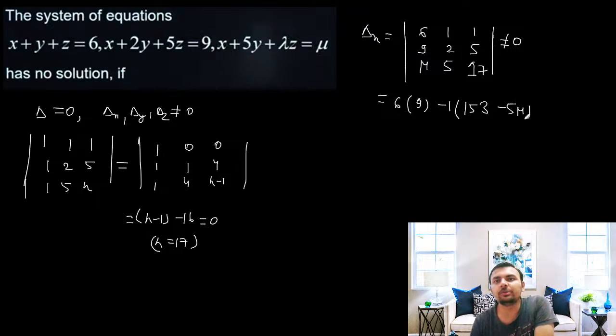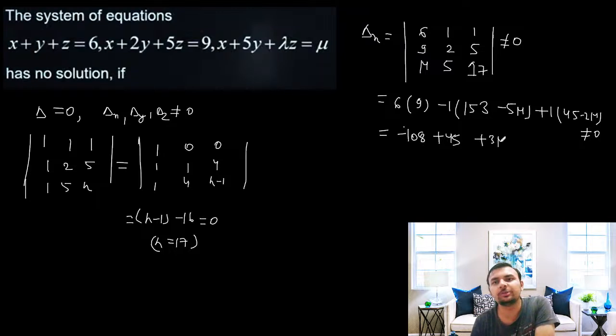Minus 5 mu plus 1. It should not be 0. 45 minus 140, 53, 108. We have 5 mu, we have 45 again here, 5 mu minus 2 mu.